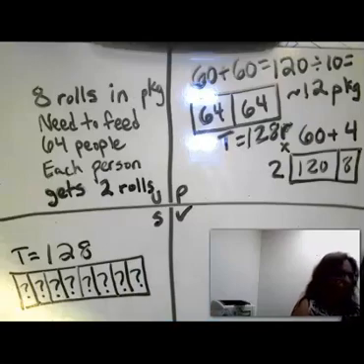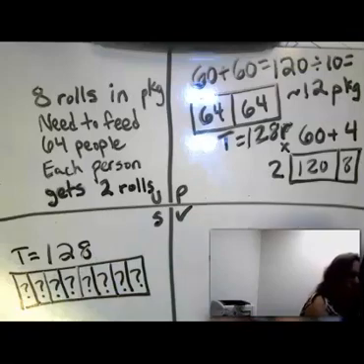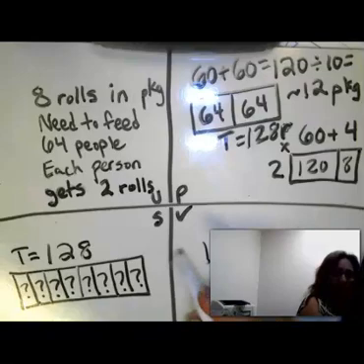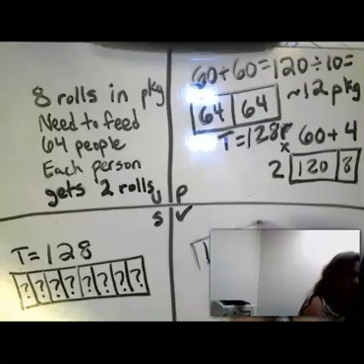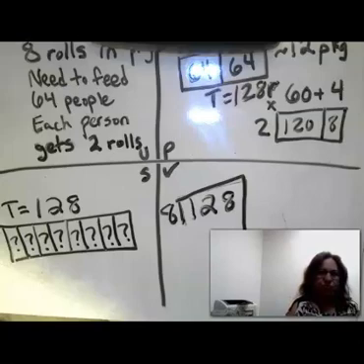We're going to do multiples of 1, multiples of 10, and multiples of 100. Okay, so we have 8, 16, 24, 32, 40.